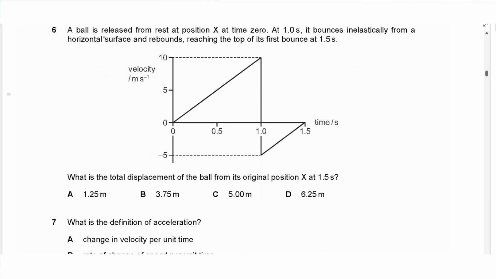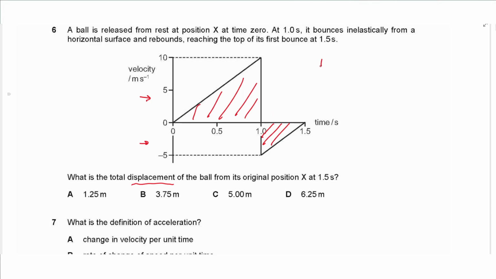Question 6 says a ball is released from rest at point X at time 0. At 1 second, it bounces inelastically from a horizontal surface and rebounds, reaching the top of its first bounce at 1.5 seconds. What is the total displacement of the ball from its original position? So the displacement in a velocity time graph is equal to the area under the graph, but since we have positive and negative velocities, we calculate the areas and then we subtract the areas in opposite sides of the x-axis.